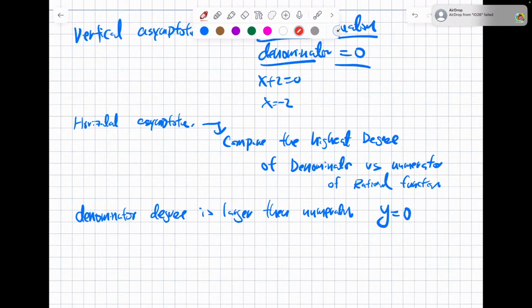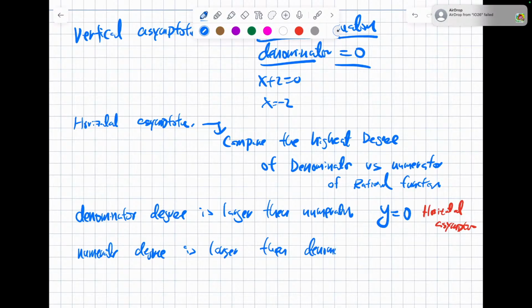Y equals 0 is your horizontal asymptote if the denominator has the larger degree. Now if the numerator degree is larger than the denominator, then there is no horizontal asymptote.